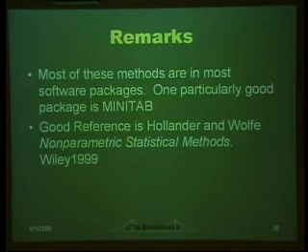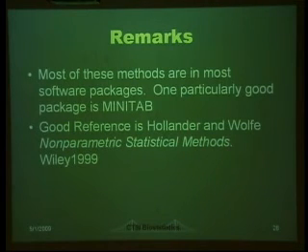Okay, a few remarks here, and then I'll close. As I said, most of the methods are available in most software packages. If you really had to buy a package just to do non-parametric statistics, Minitab is the best one, because it has all the non-parametric confidence intervals in it.